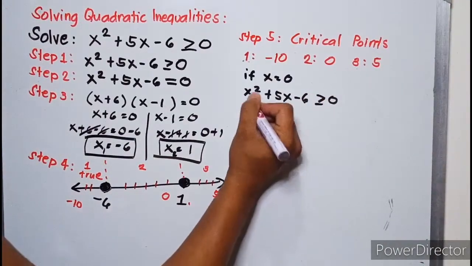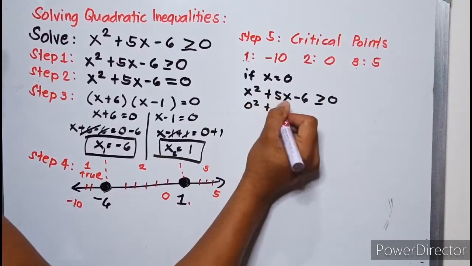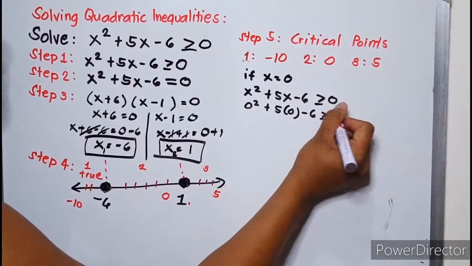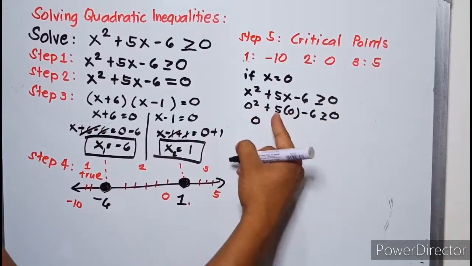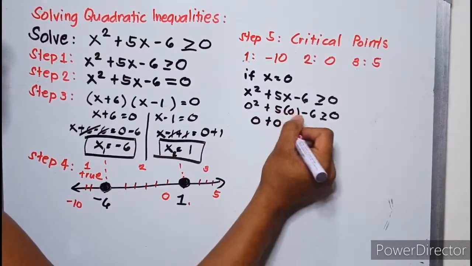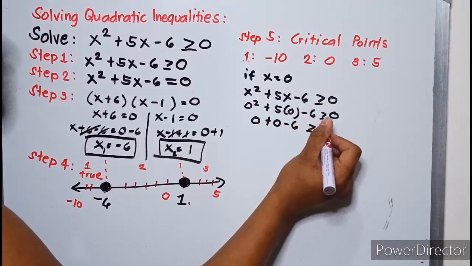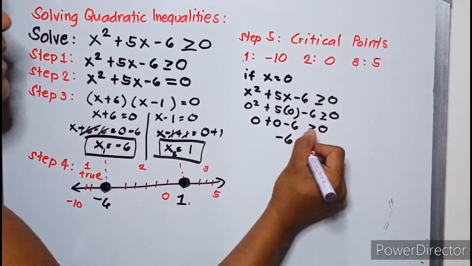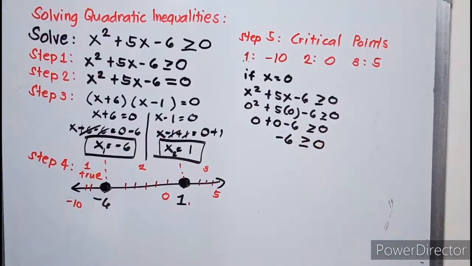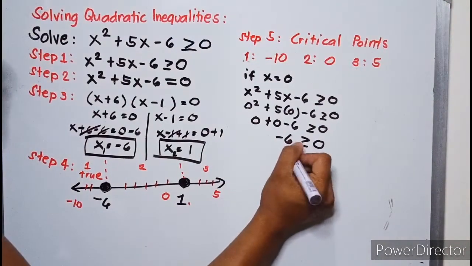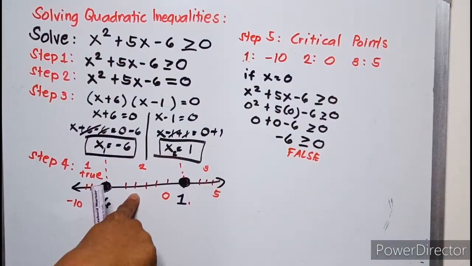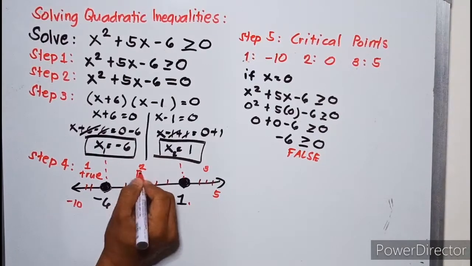If x is equal to 0, that is 0 squared plus 5 times 0 minus 6 is greater than or equal to 0. 0 squared is 0. 5 times 0 is 0. 0 plus 0 is 0. 0 minus 6 is negative 6. Malaki ba ang negative 6 kaysa 0? The answer is false. So, for our interval sa gitna, siya ay false.